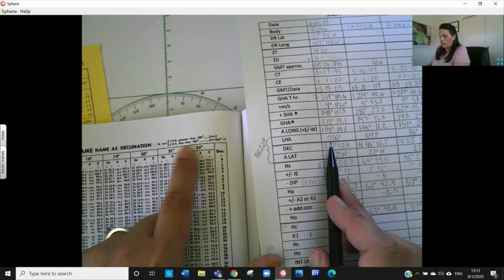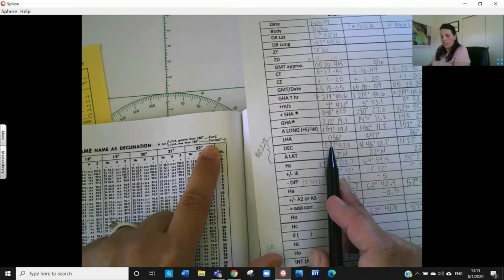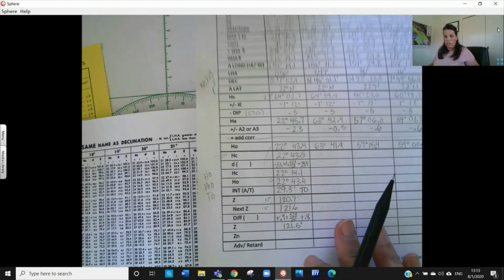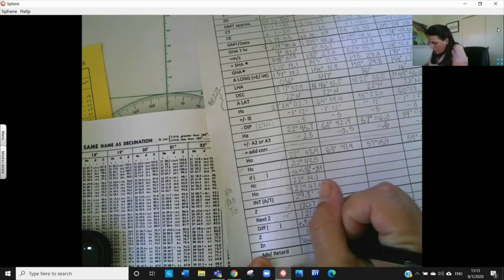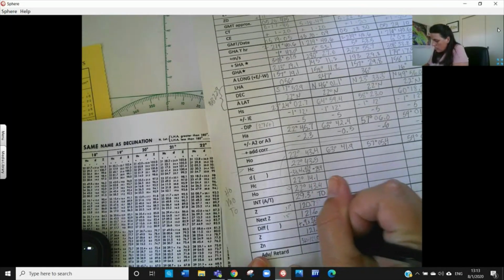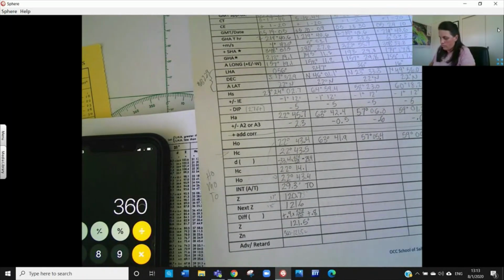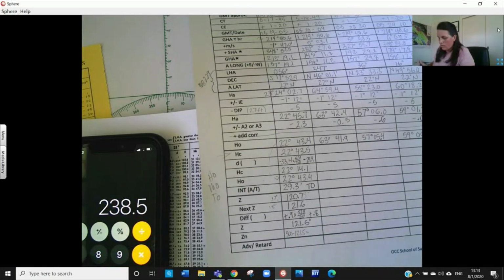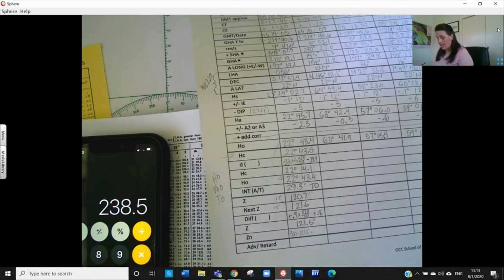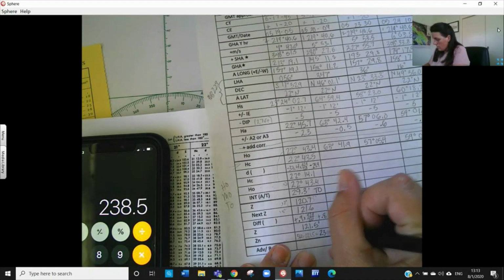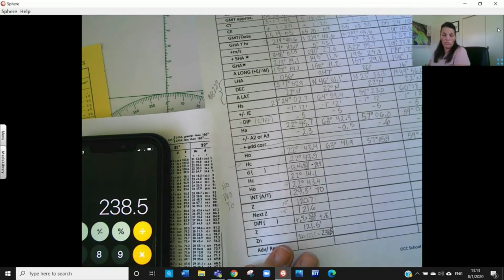So I'm going to follow the rule down here that says ZN equals 360 minus Z. So when I go back to here, I'm going to do 360 minus 121.5, and I get an azimuth or ZN of 238.5. Again, you could just round that to 239 if you want.